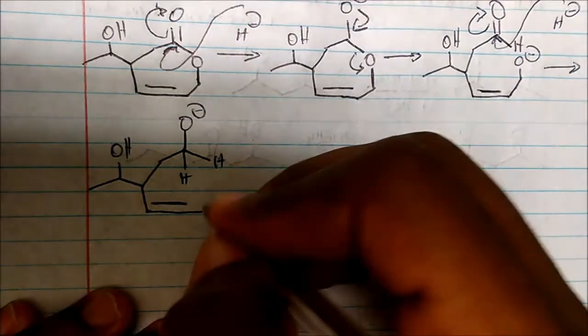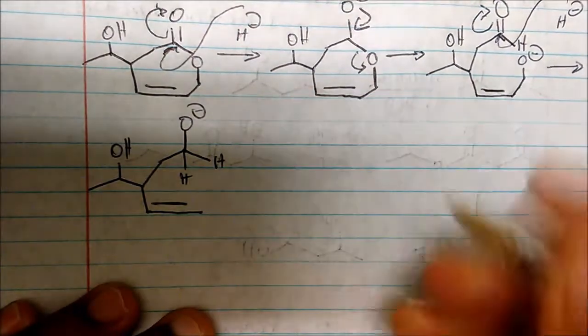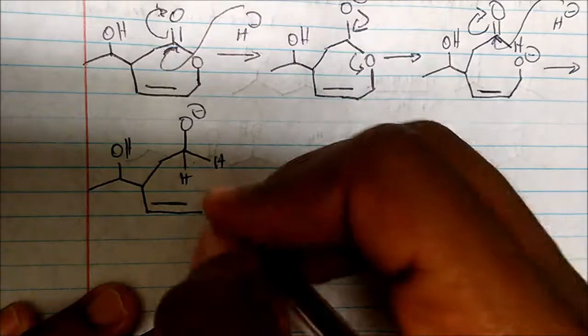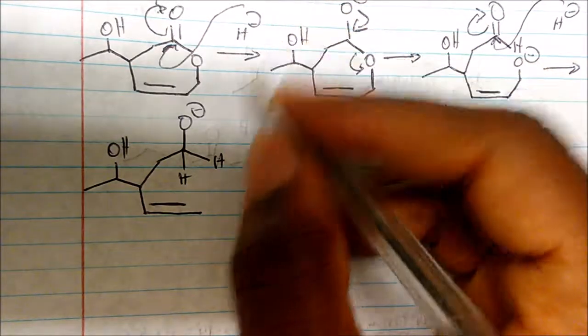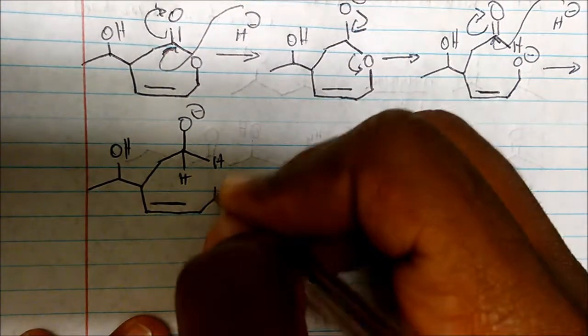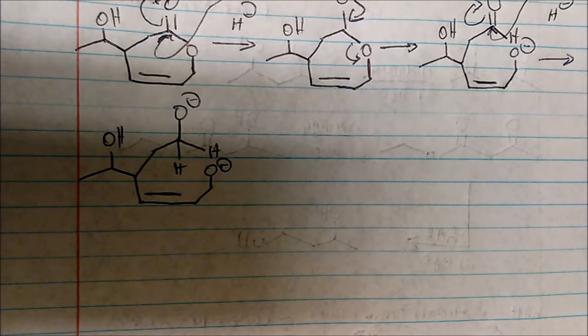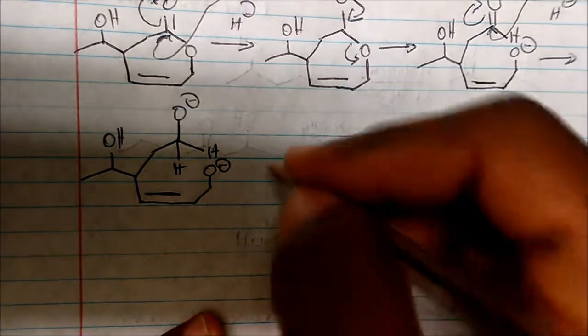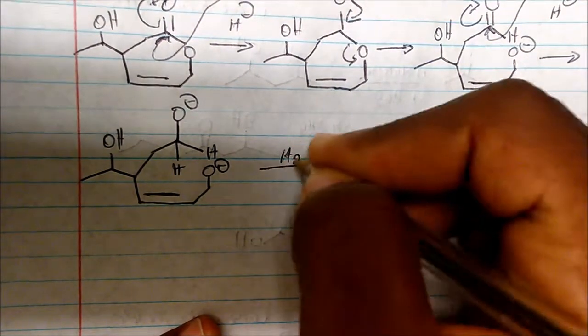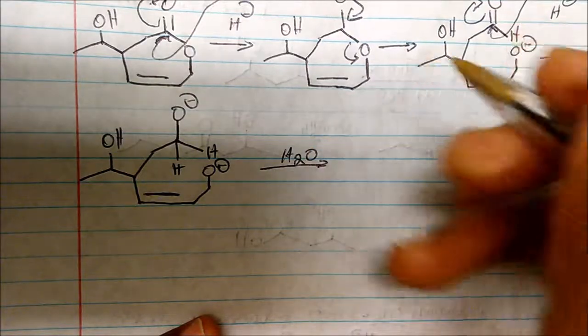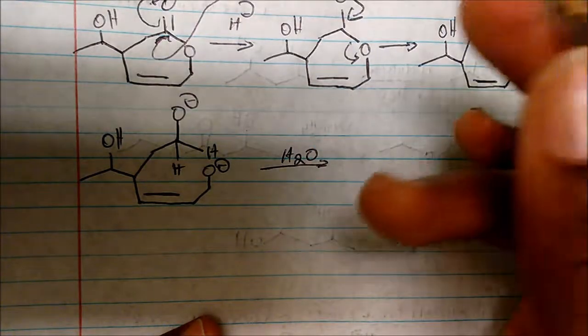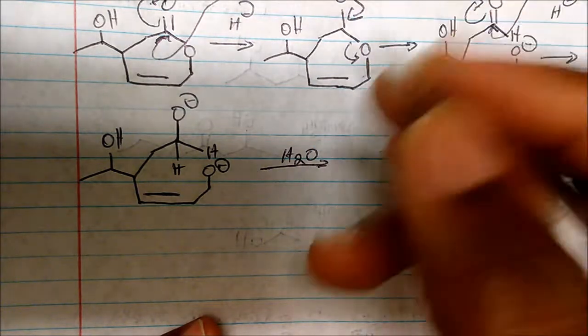And sorry guys, my ring gets uglier as we go, but that's not the important part of this. And now we have two oxygens that are negatively charged. So in the last step of the mechanism, this is where we add water, and these just serve as some sort of proton source.